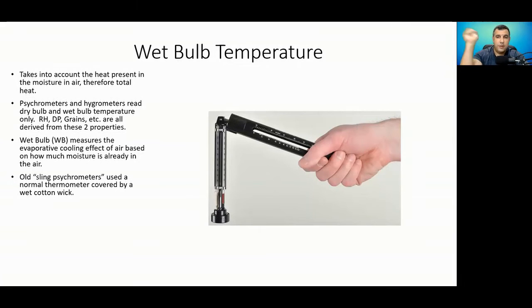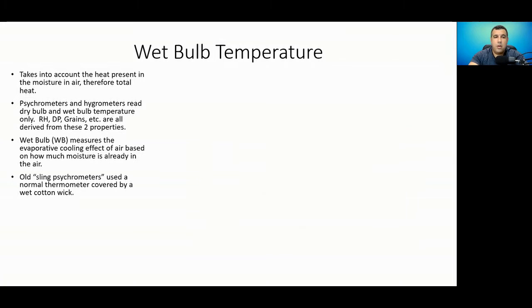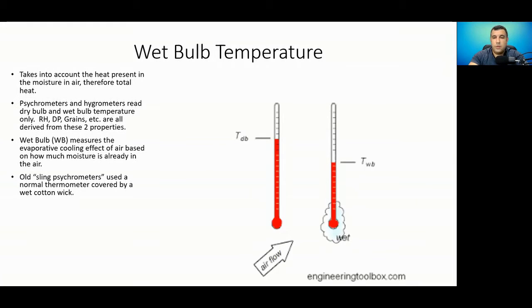And the technician would start slinging that in the air and sampling the air. And as the temperature starts dropping on the wet bulb thermometer, this happens because there's an evaporative cooling effect that takes place when the moisture from the wick leaves the wick and gets absorbed in the air around it. And this is really what happens. You notice on the left, you've got your dry bulb thermometer that's simply reading the air temperature, but your wet bulb thermometer has that wet cotton wick.